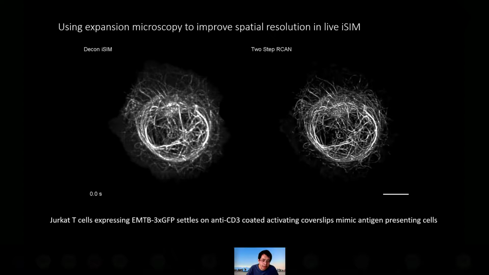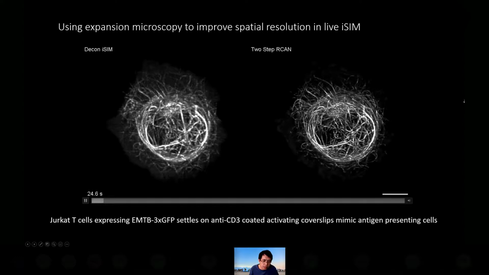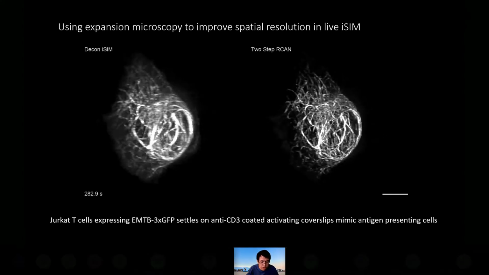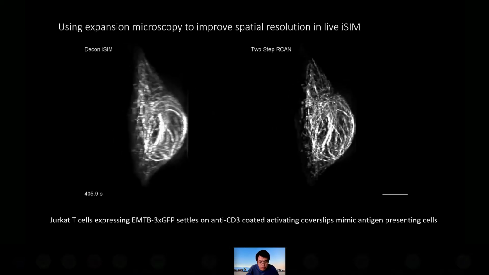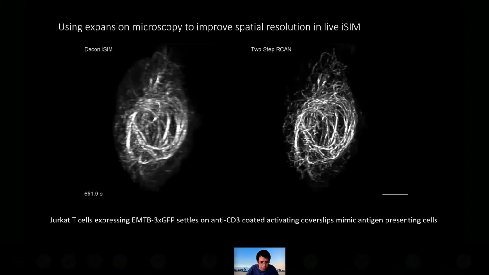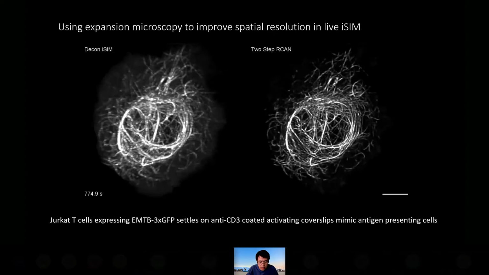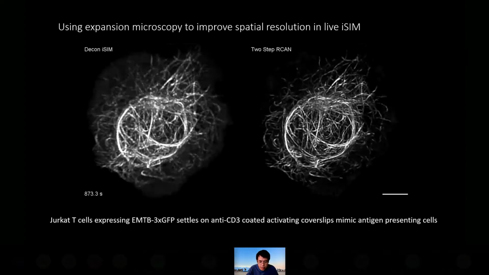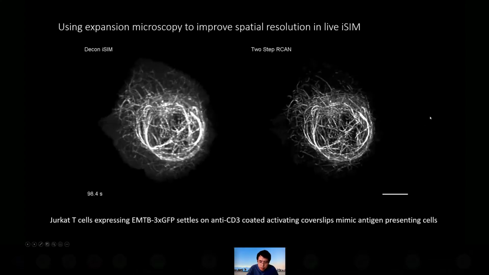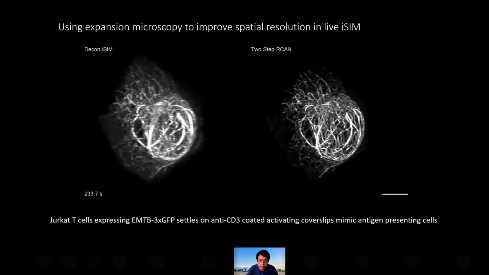We then apply the expansion model. We trained on fixed cells and tested on a live cell data set. Shown here are Jurkat T cells expressing microtubules fused with 3x GFP, and these Jurkat T immune cells are settled on anti-CD3 coated activating coverslips to mimic the antigen presenting process.